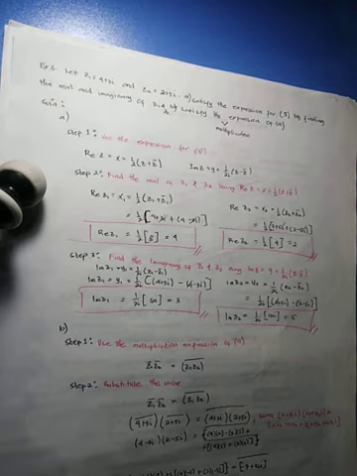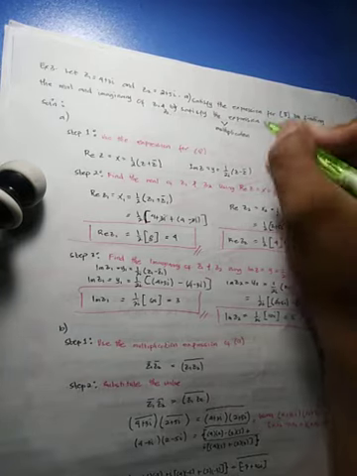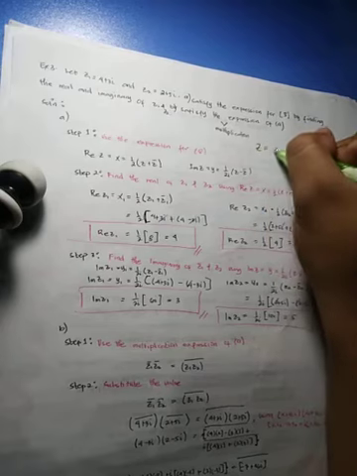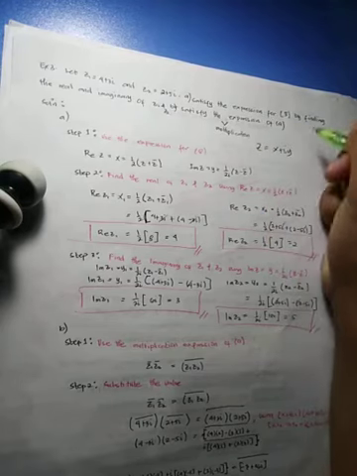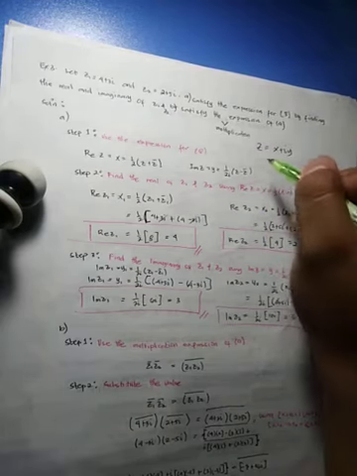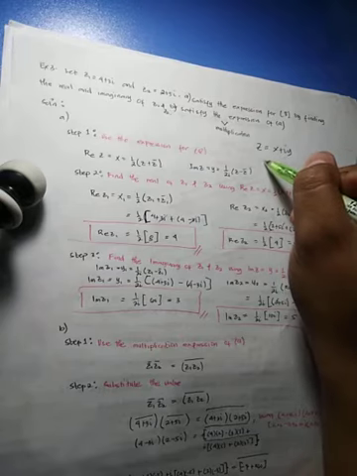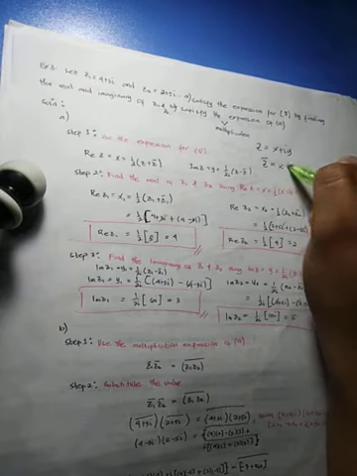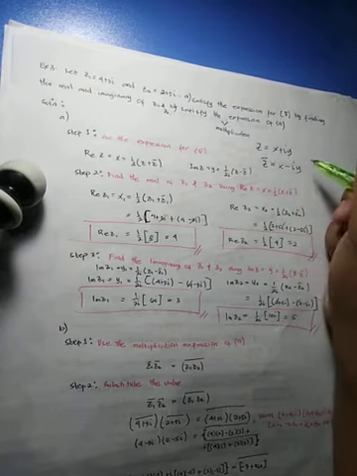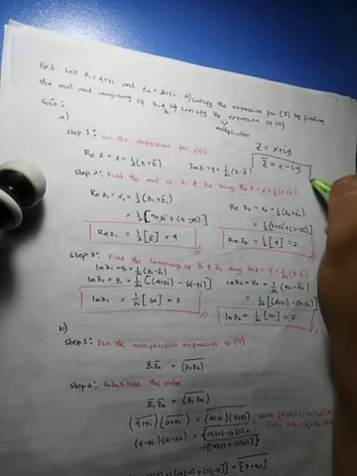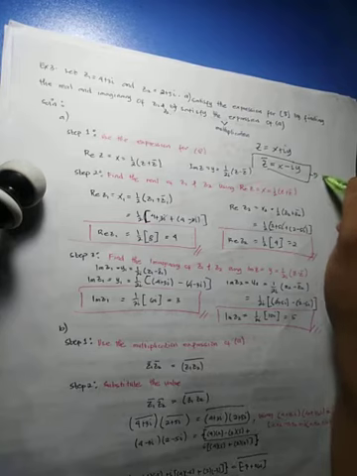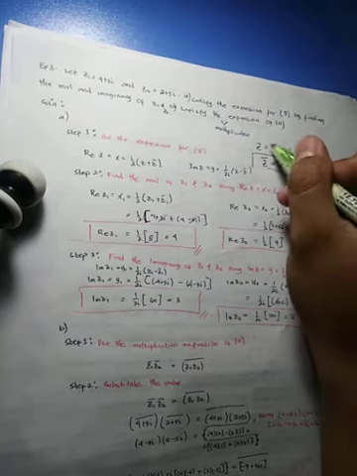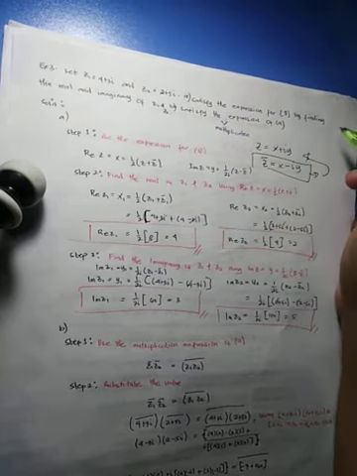Ang ibig sabihin lang ng complex conjugate is that, for example, meron kang z is equals to x plus iy. Okay, this is actually also from your manuals. Ang complex conjugate niya is denoted by z bar, or it is equals to x minus iy. Okay, so yan lang actually. So ito yung ibig sabihin ng conjugate dito. Conjugate ni original na z is equals to x plus iy.